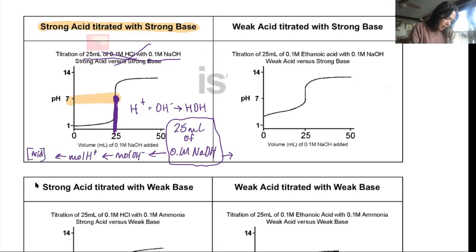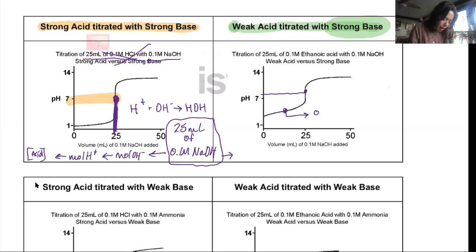All right, let's look at the next one. We've got the weak acid, strong base. So with a strong base, the equivalence point should be greater than 7. And in fact, you see that it is a little bit greater than 7. Right? Doesn't have to be a lot, but not 7. We know that this is our halfway point.